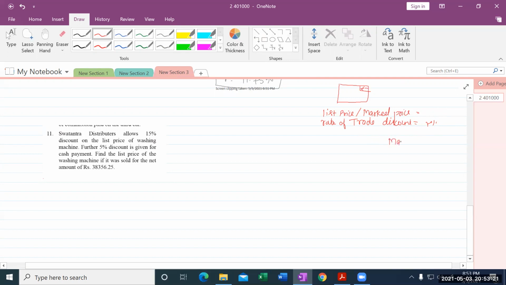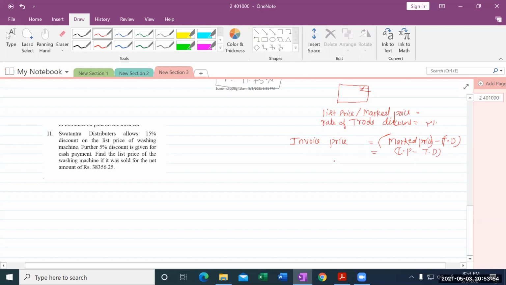So mark price minus the trade discount, after subtracting this, you will get the value, and that is called invoice price. So invoice price is mark price minus trade discount. You can even write it as list price minus trade discount, it is one and the same thing.